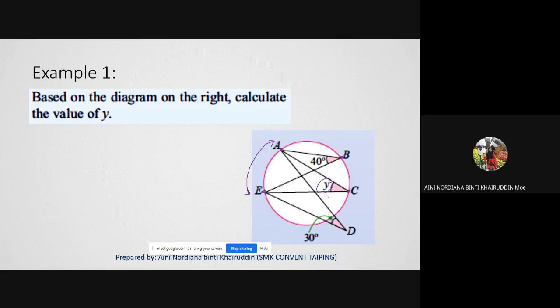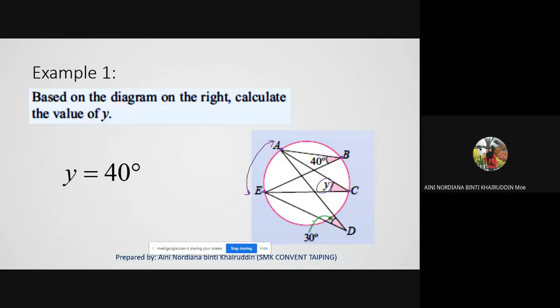What is the value of Y? Both angles are from same arc. Betul Ping, 40. Okay, betul. Y equals to 40. Because from the same arc AE.